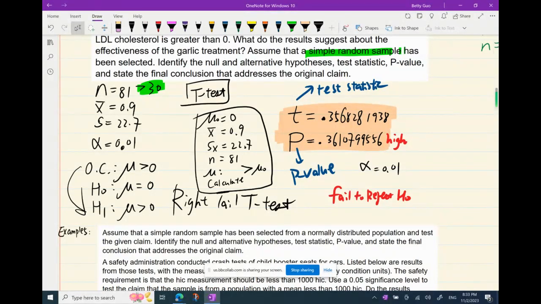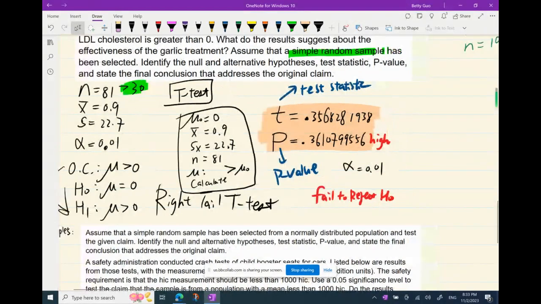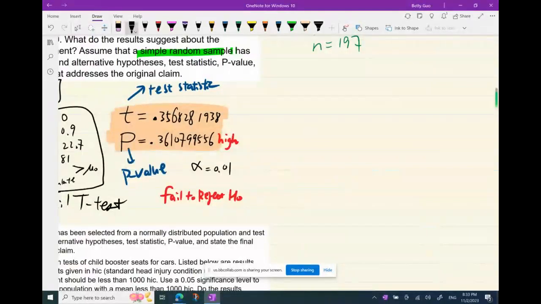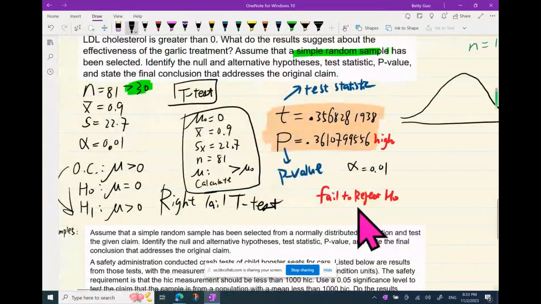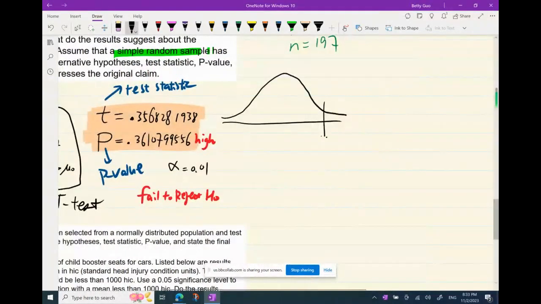So when we use the critical value method, we do still have to draw the curve. It's a right tail test, so t sub alpha falls in the right tail, and the critical region has area 0.01, very tiny.